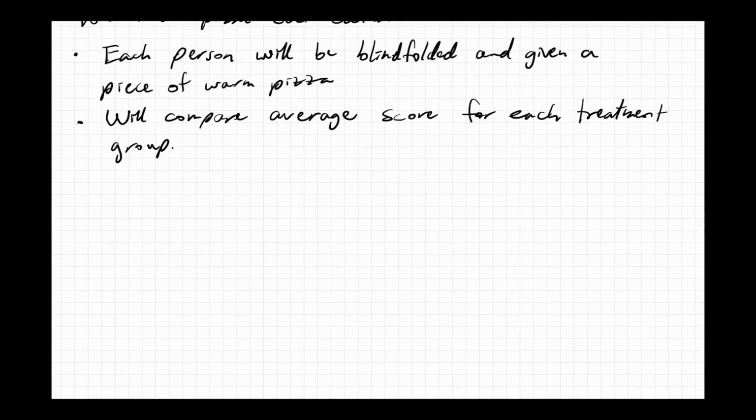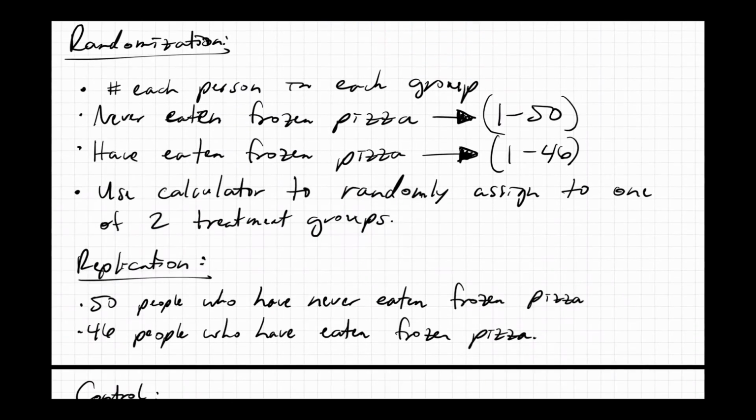Matched pair. I'm not going to go through the whole thing because we're running low on time, but I would compare everyone to themselves. So I would blindfold them, give them one piece of pizza, flip a coin. Okay, you're going to get the store-bought pizza first. Here, eat this pizza.